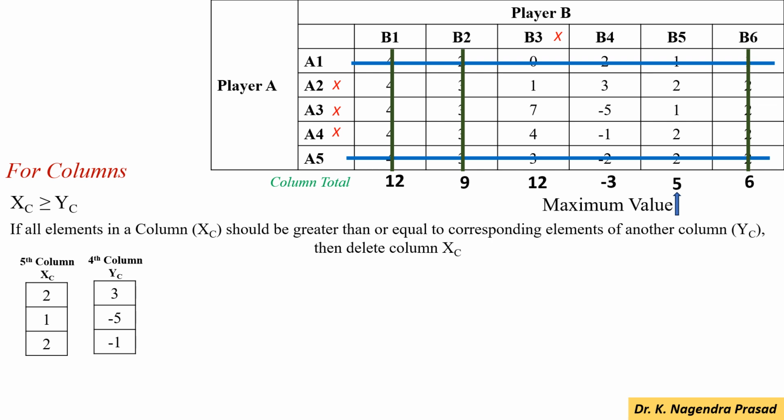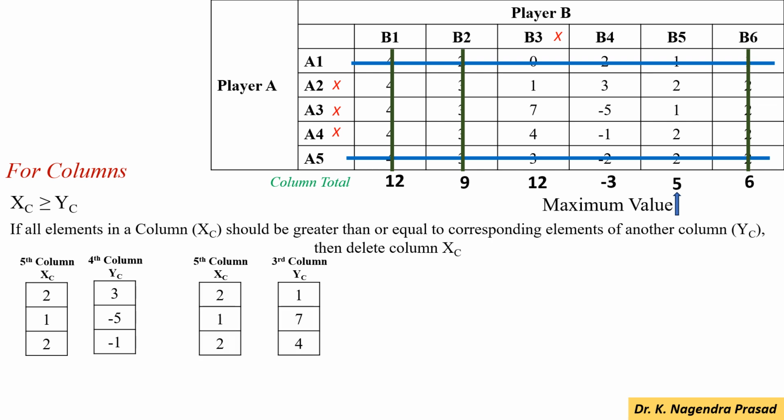Then you have to compare the fifth column elements with the third column elements. That is 2 is greater than the 1 but 1 is not greater than the 7 and not equal to the 7. So here also dominance rule is not satisfying.